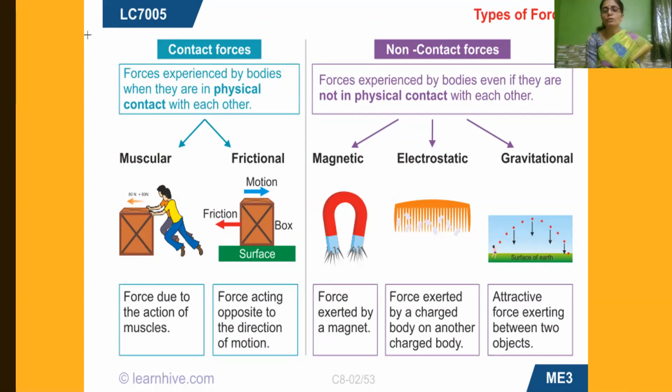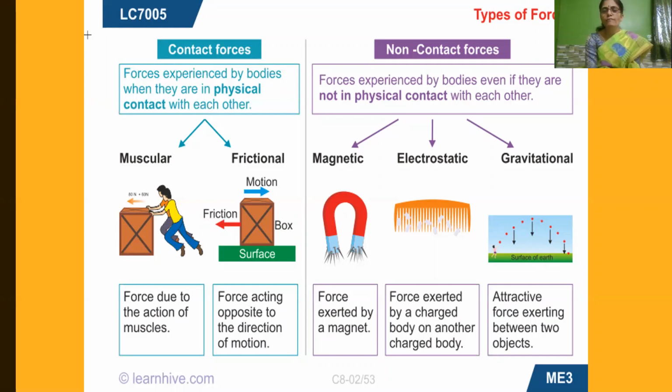Electrostatic force is the force exerted by a charged body on another charged body. So what is electrostatic force? The force exerted between one charged body and another is called electrostatic force. It may be between a charged and an uncharged body, or between two charged bodies. It is called electrostatic force.